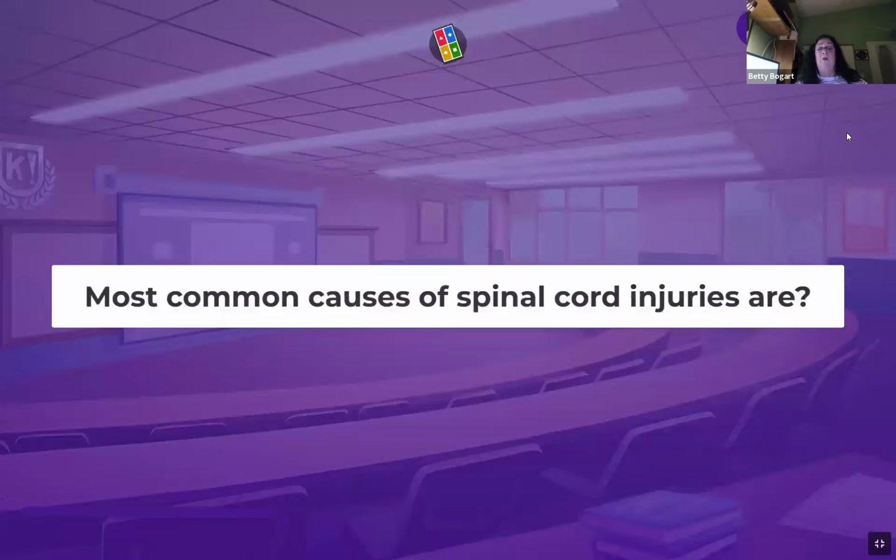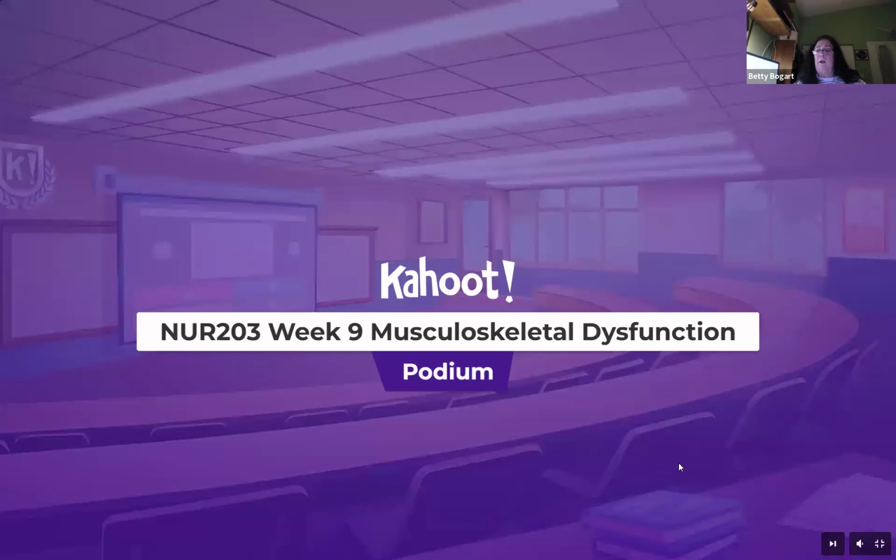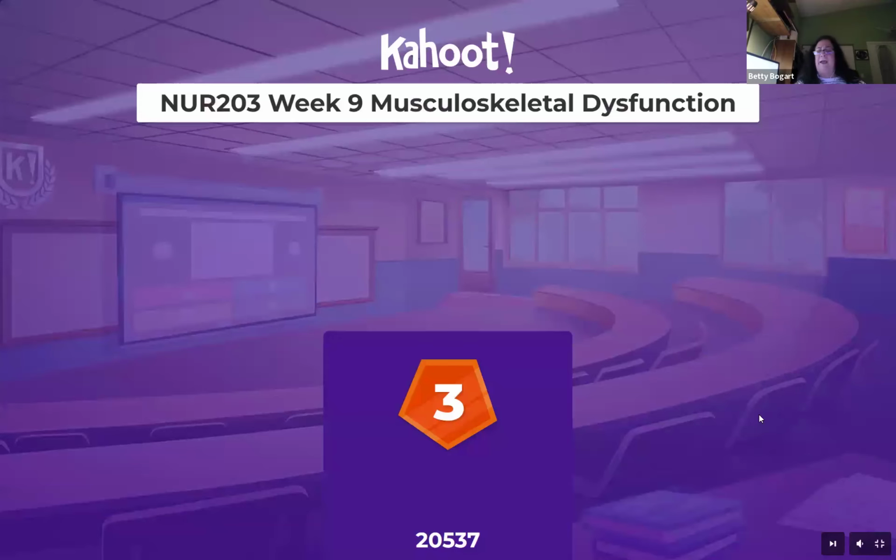Last one. Most common causes of spinal cord injuries in children, or actually anybody, right? And we know that's motor vehicles, sports, everything.